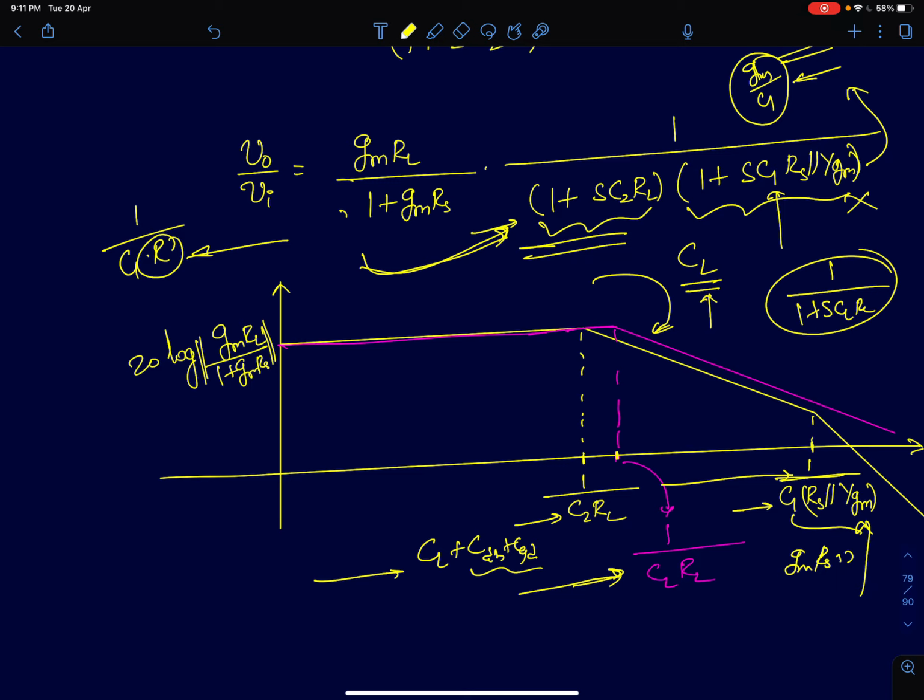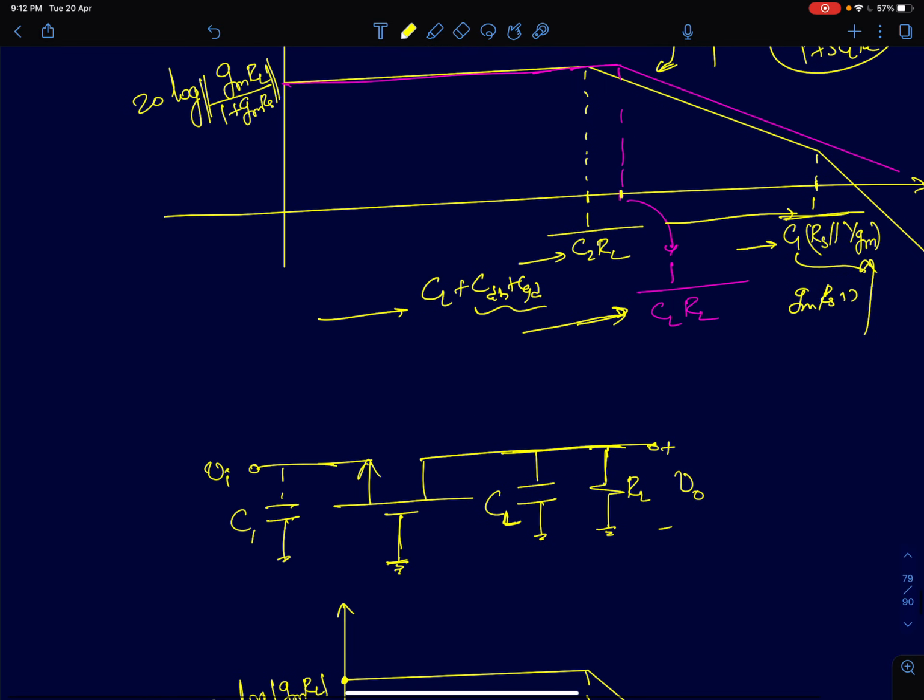Unlike a common source amplifier, where its frequency response was significantly degraded because of CGD, you don't see that problem here. That's because there is no Miller effect. There is no capacitance between two high gain points. So that's why the frequency response is not as degraded when you include all the parasitic capacitors.